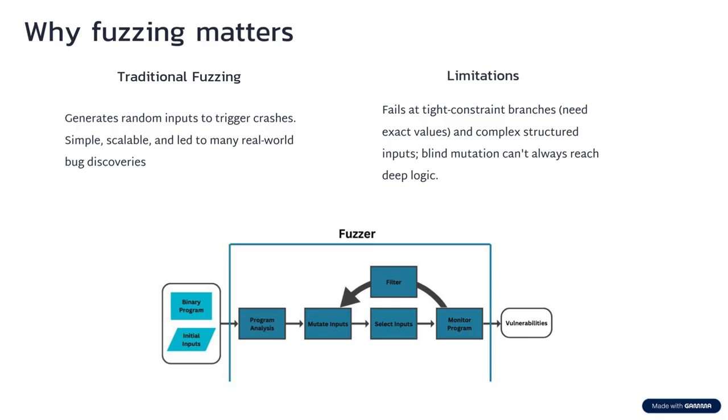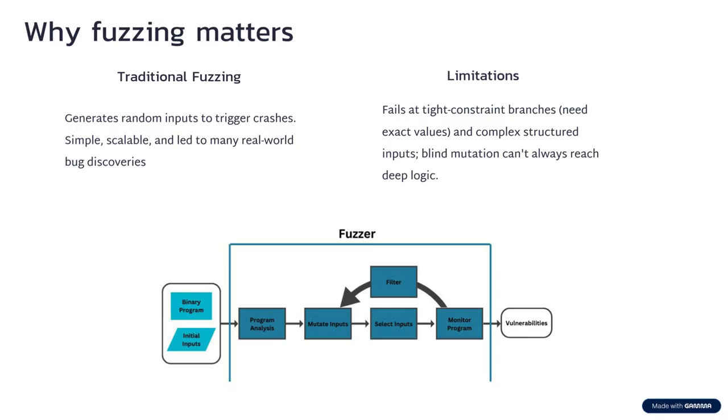If the input reaches new code that hasn't been reached before, it gets saved into something called a corpus, which is like a collection of useful test cases that you can add to. Those inputs get mutated again. Visually, the arrows in the diagram show this constant feedback loop. You run, you monitor, you mutate, and then you repeat this process. This is why fuzzing scales really well. It just keeps trying different things, and it keeps whatever is working.